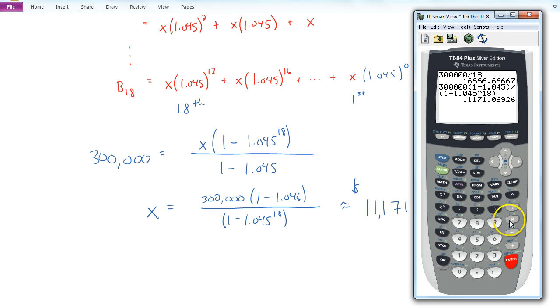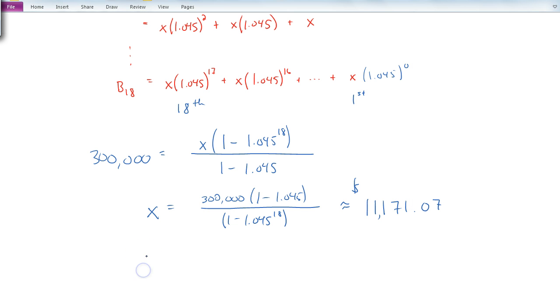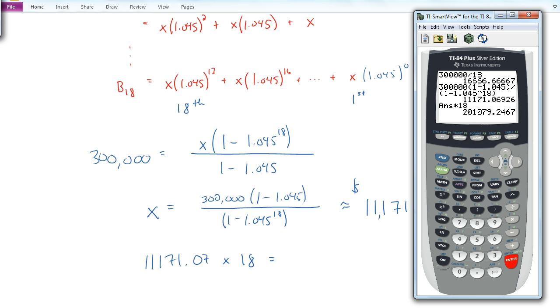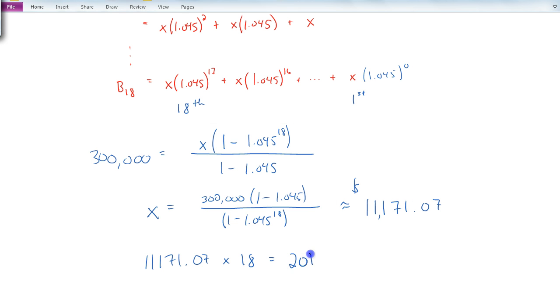Well, if I take that number and I multiply it by 18, you can see how much they actually invested. 11171.07 times 18 is equal to $201,079.25.